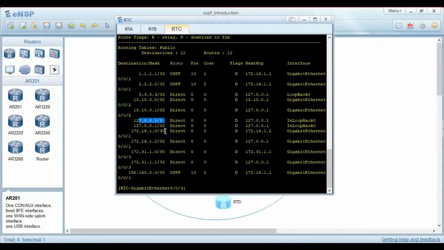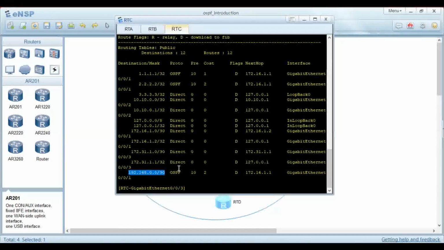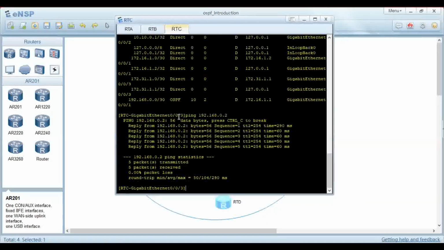And 127, forget about that. And this 172 is directly connected to it. But this one is not directly connected to RTC. RTC will never know about this network unless you use either static routing or, in this case, OSPF. So by OSPF, we have learned about that network. And we can actually ping it, 192.168.0.2 maybe. And it goes through because we can learn that route through OSPF.